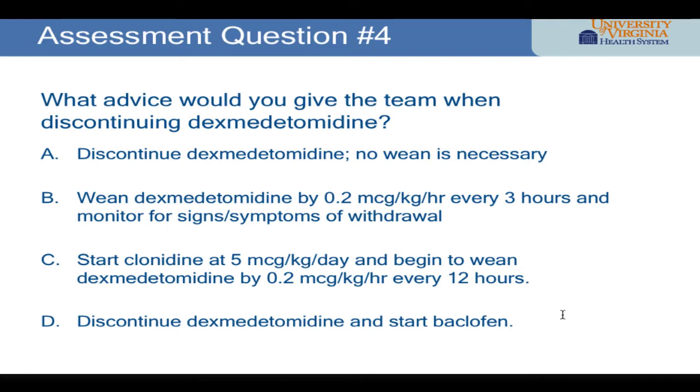A, discontinue dex, no wean is necessary. B, wean dexmedetomidine by 0.2 mics per kilo per hour every 3 hours and monitor for symptoms of withdrawal. C, start Clonidine at 5 mics per kilo per day and begin to wean dexmedetomidine by 0.2 mics per kilo per hour every 12 hours. Or D, discontinue dexmedetomidine and start baclofen.